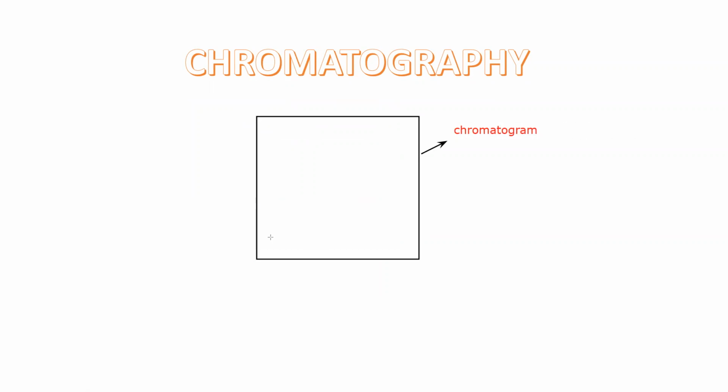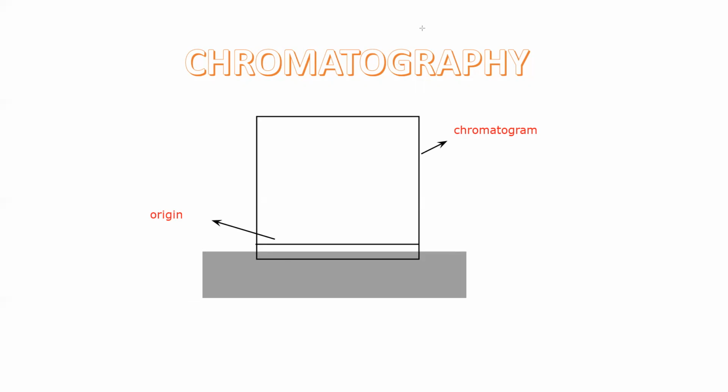The line which we draw is called the origin. We place a sample and then we use a suitable solvent.